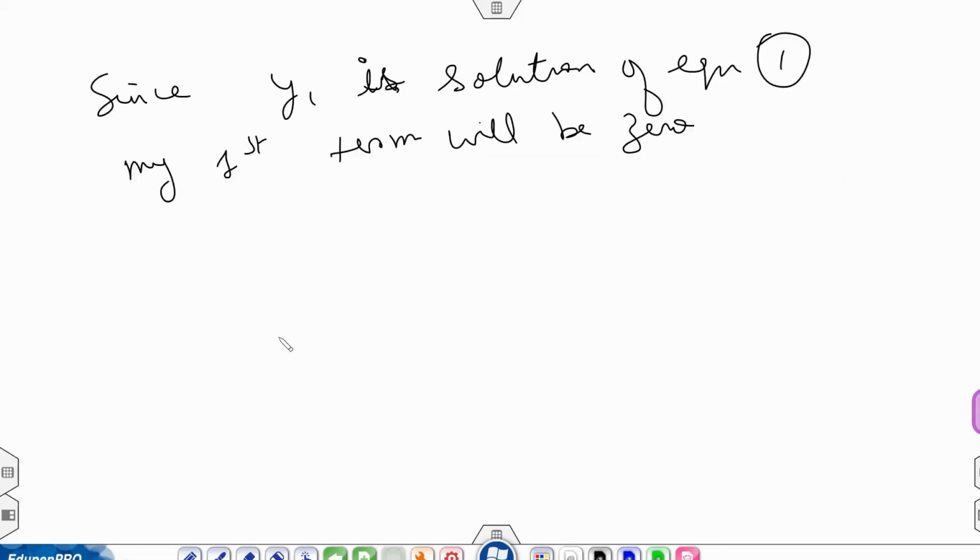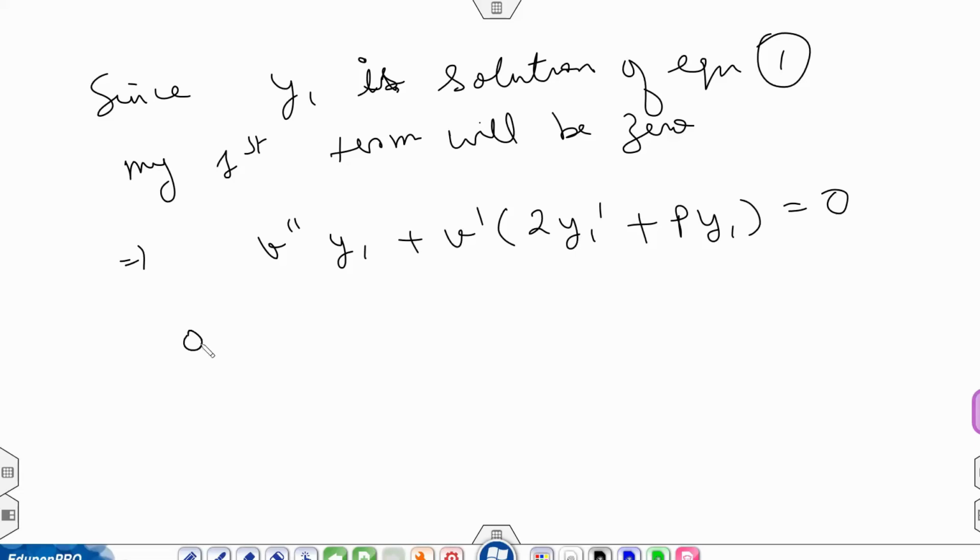So this implies that I'll get v double dash y1 plus v dash times 2 y1 dash plus p y1 equal to 0, or I can write v double dash by v dash is equal to minus 2 y1 dash upon y1 minus p.